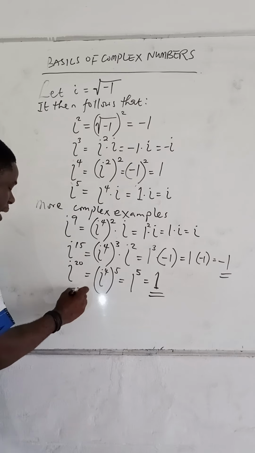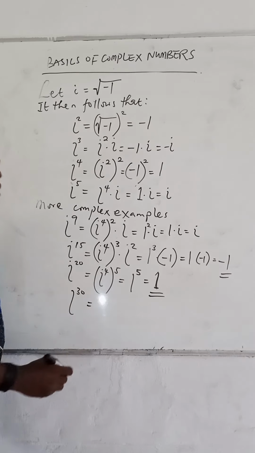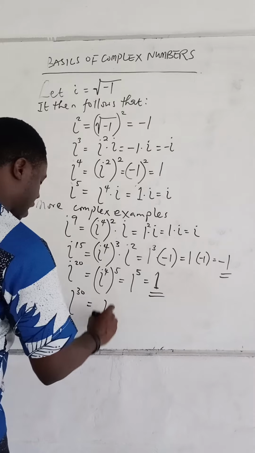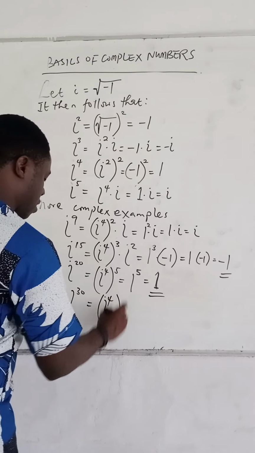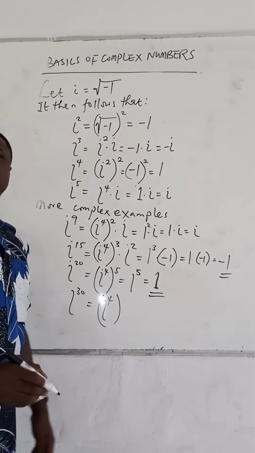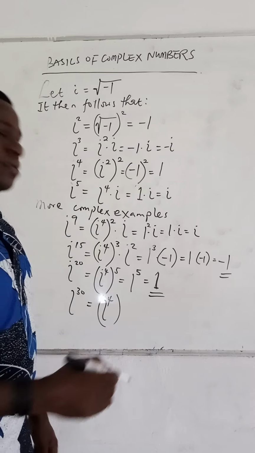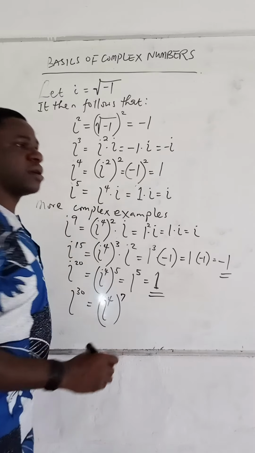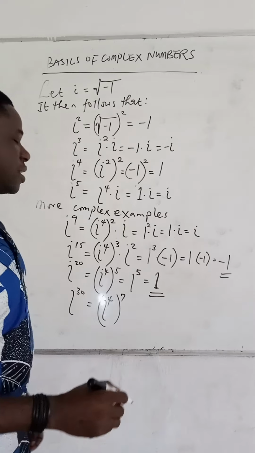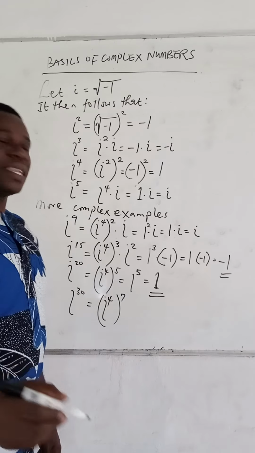What if we continue with i raised to power 30? We can say i raised to power 4, all raised to 7, since 4 times 7 is 28.